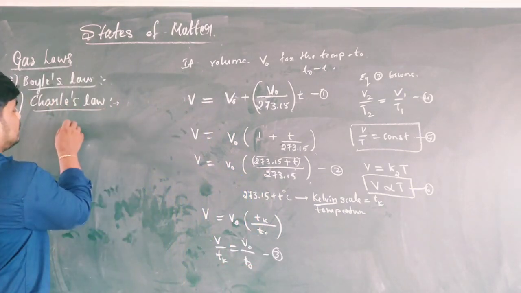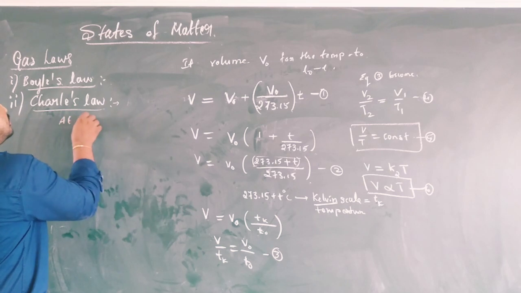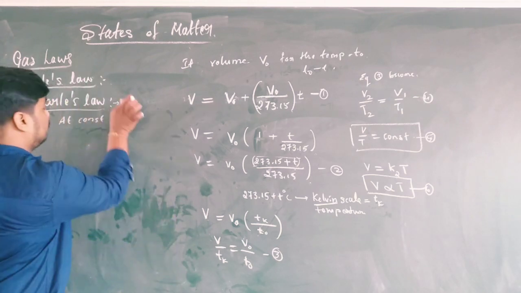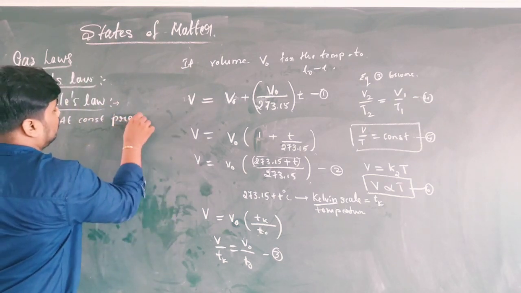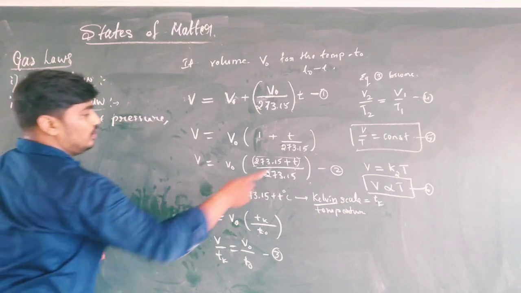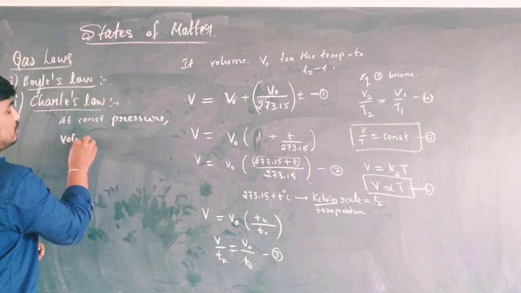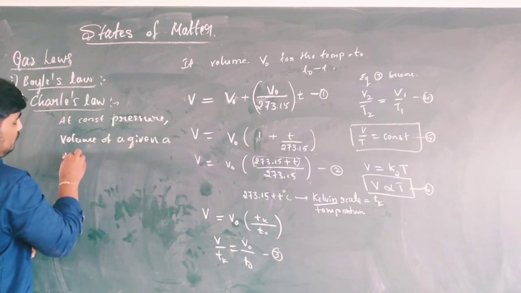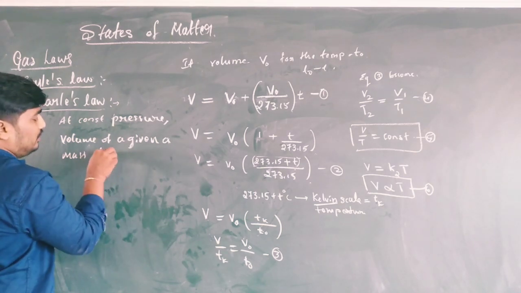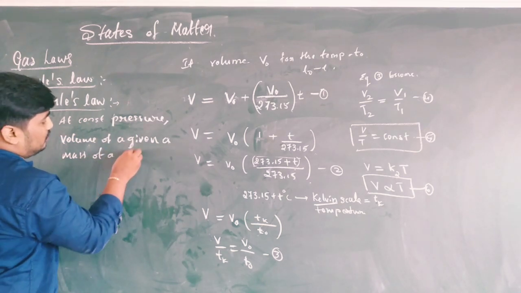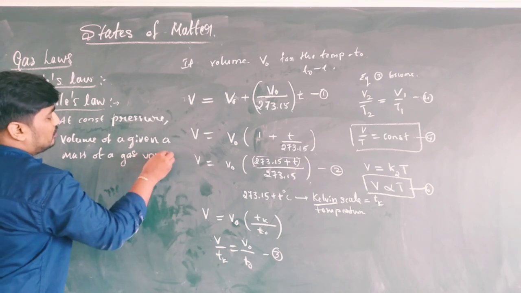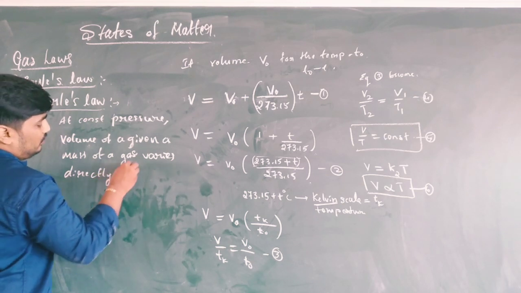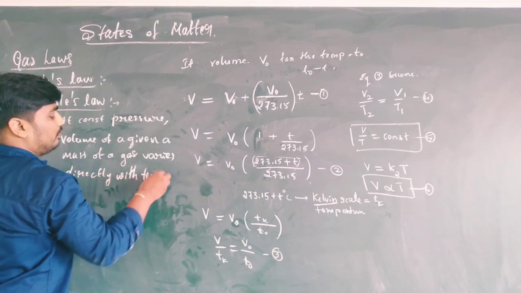Charles's law states that at constant pressure, the volume of a given mass, or fixed mass, of a gas varies directly with temperature.